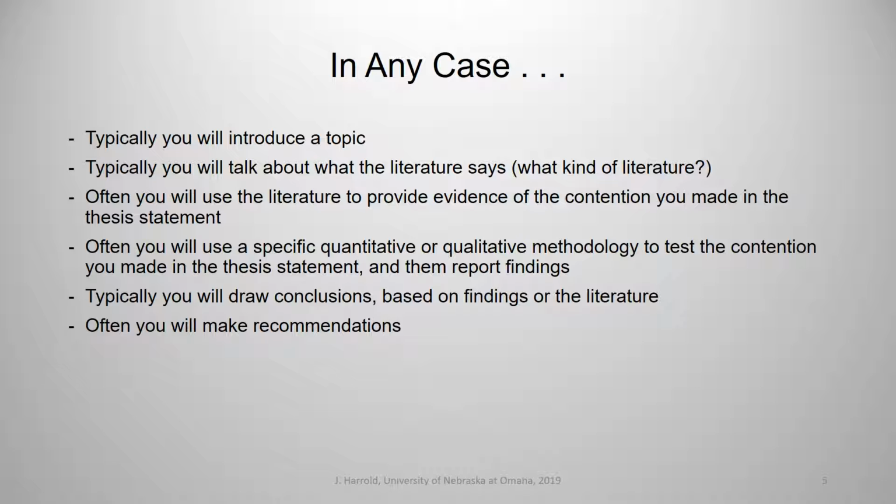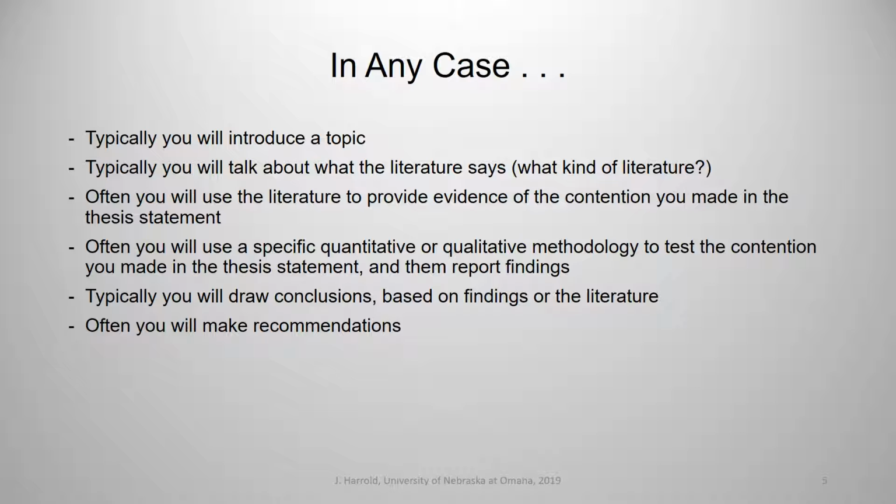So in any case, here's what's going to happen when you're writing and organizing a paper for a project in one of your PA classes or a term paper. And this really applies equally whether it's an individual paper or a group paper. So typically you're going to introduce a topic, and then you're going to talk about what the literature says, and there's different kinds of literature.